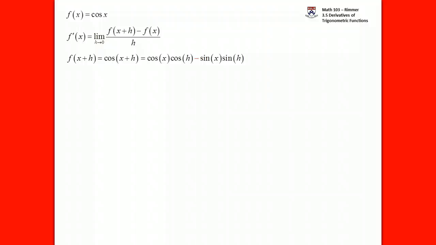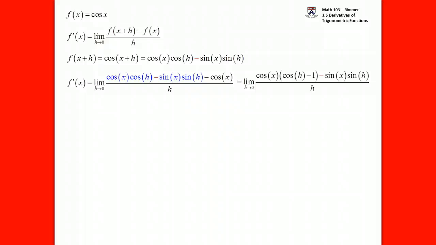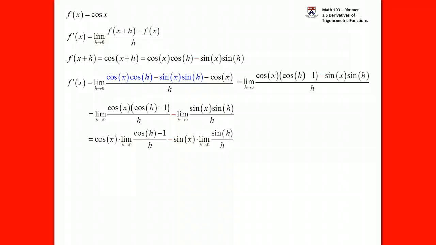So when you go through the same mechanics of plugging this in for the left-hand part of the numerator, and then taking the two parts that have cosine and putting them together and factoring that out, splitting it into two separate fractions, factoring out the x parts and having those same two limits, we get the 0 and the 1. It's the minus sign. I put it in red so it stands out. It doesn't really look like it stands out. But that's why cosine has negative sine x as its derivative.